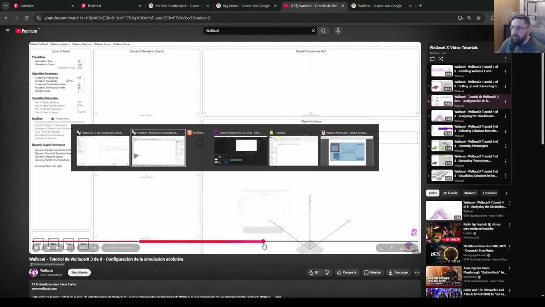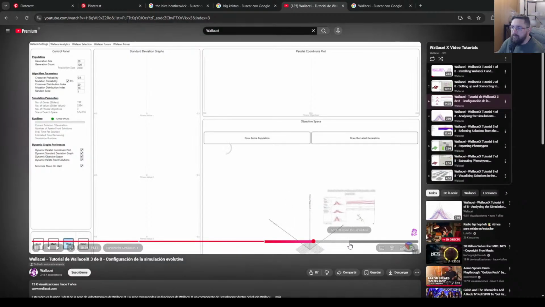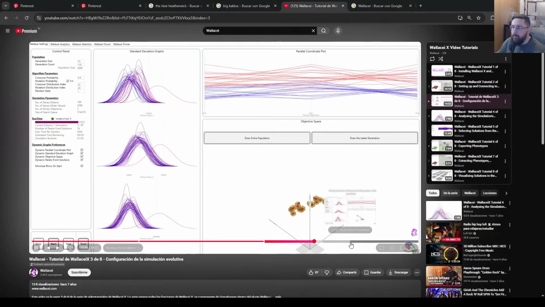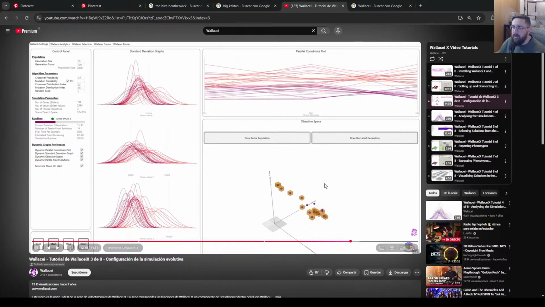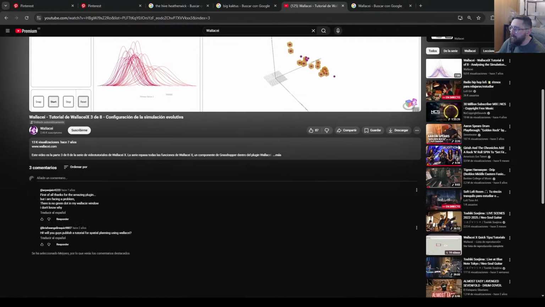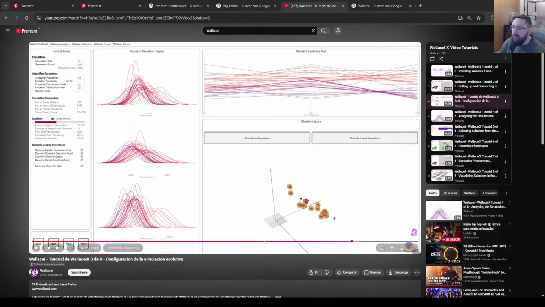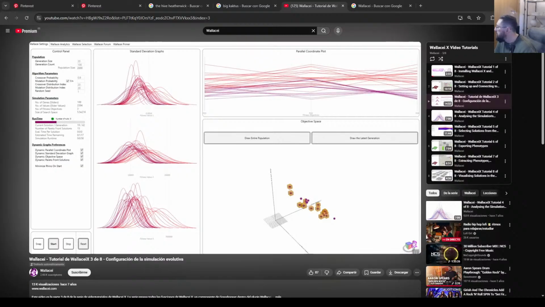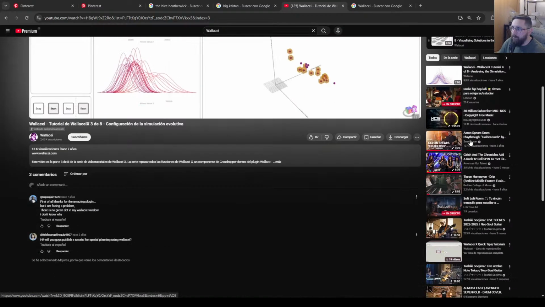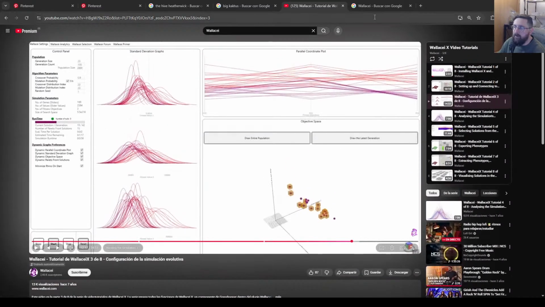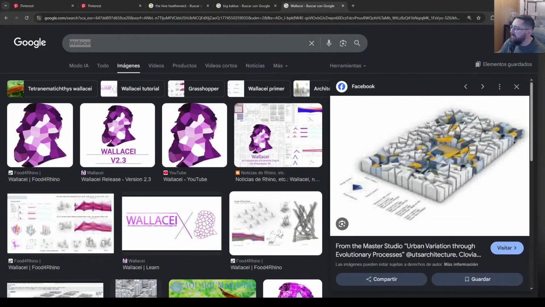What does it do? That's the question. This is like Galapagos. Is this the same thing as Galapagos? Yeah, so it's sort of Galapagos. The thing is, we did Galapagos not long ago, so I don't think we can do it again.